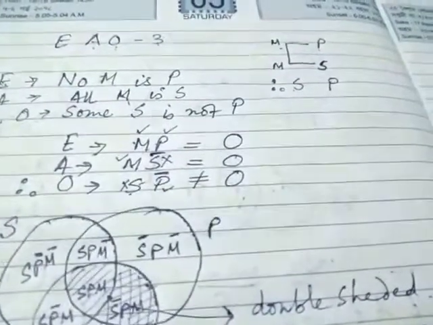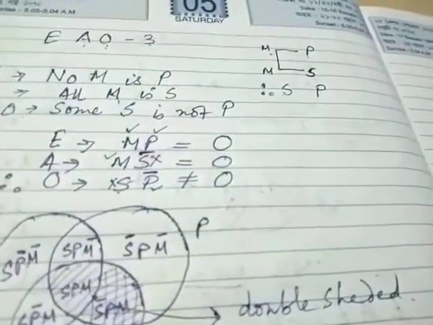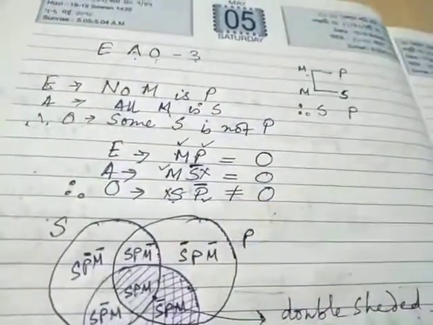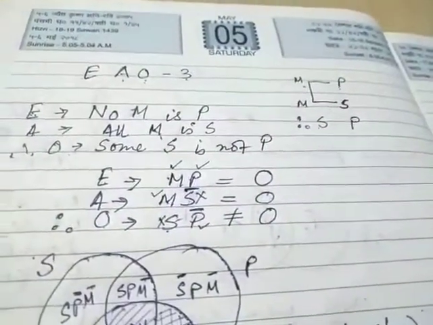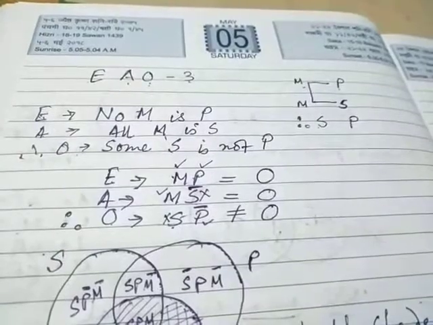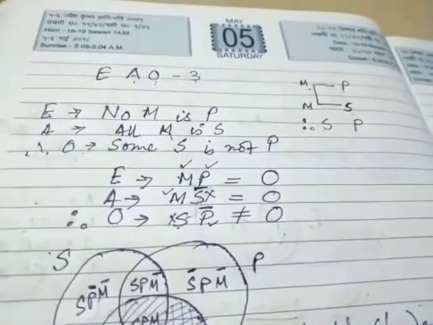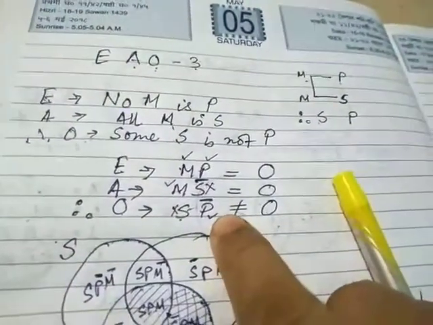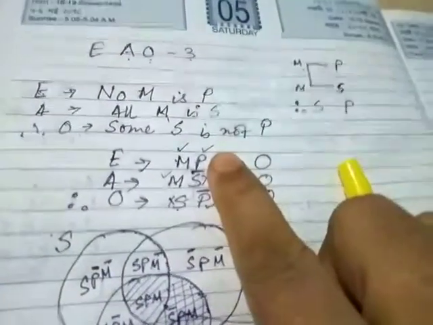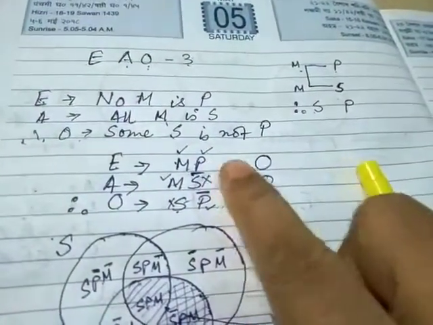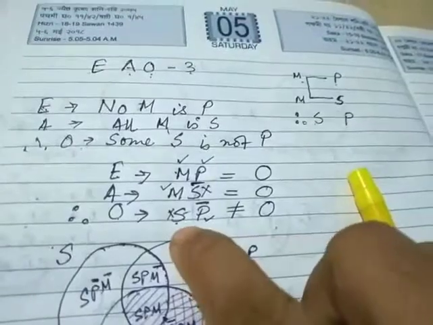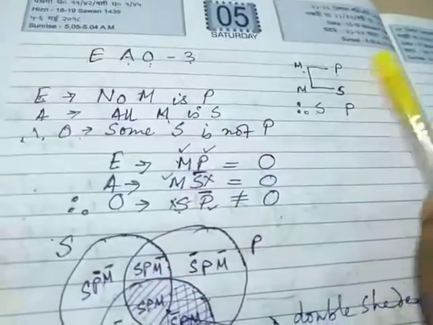So what will be the reason for this invalidity? Can you tell me that? Middle term is distributed in both the cases. Major term is distributed here, and it is also distributed in the major premise. Minor term is not distributed, so we don't have to see the premises.